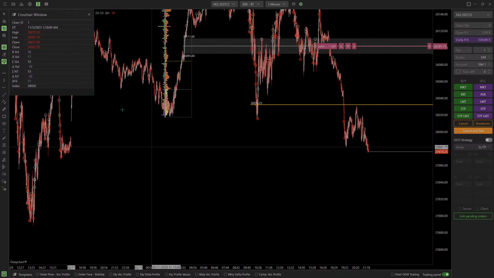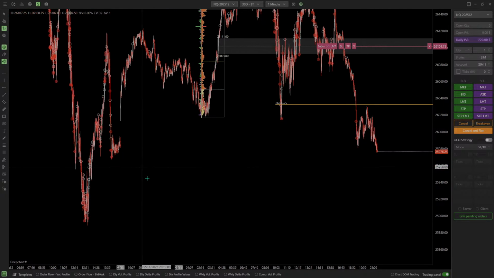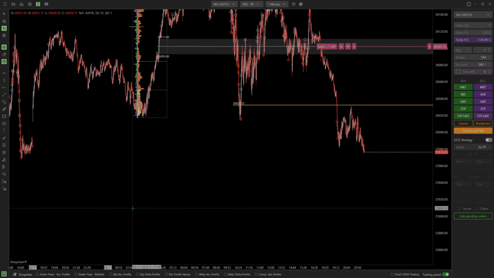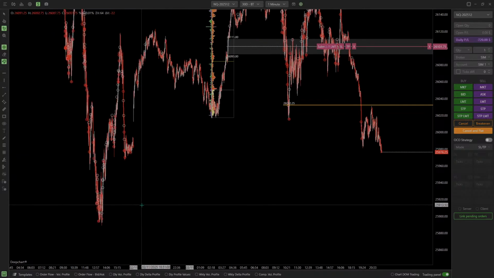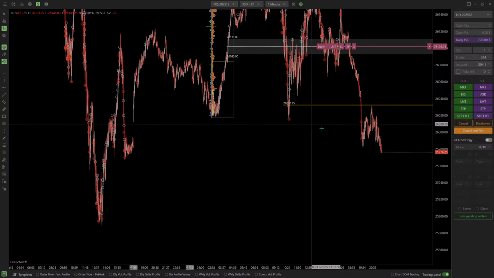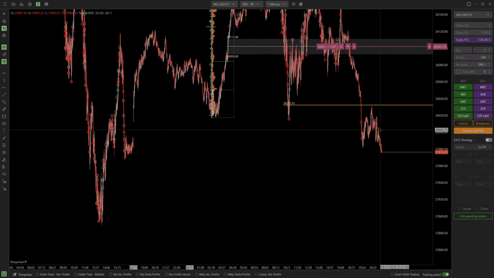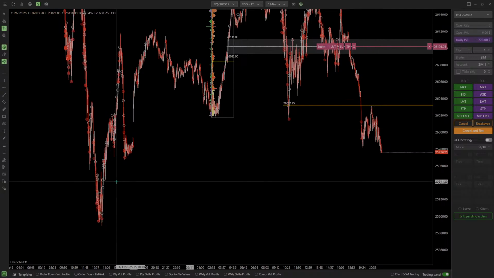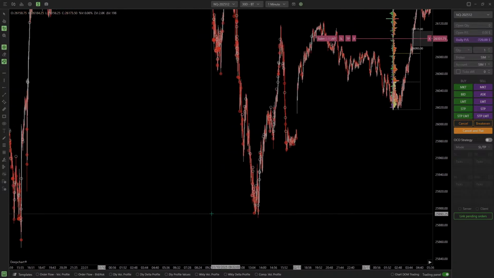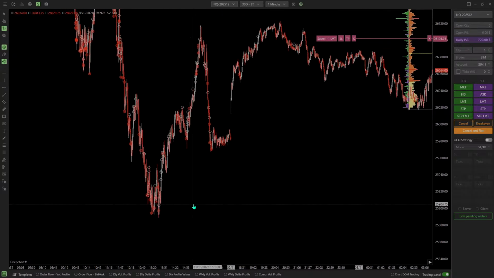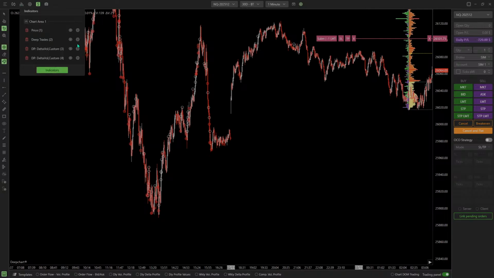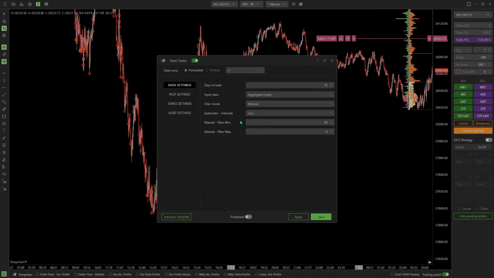I mean, technically, fill that gap, continue down. We make the levels higher, like 100.